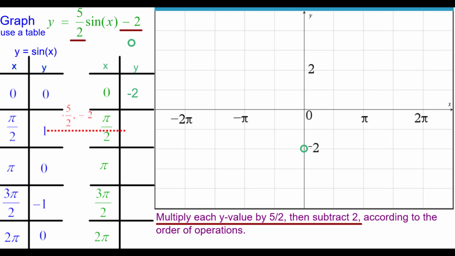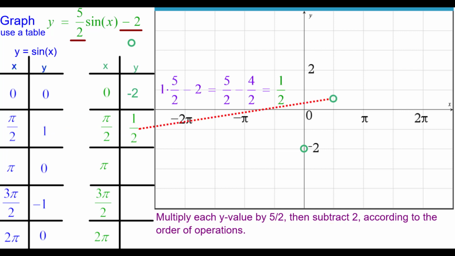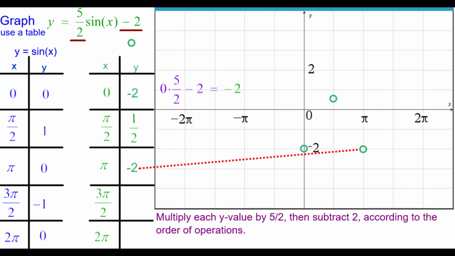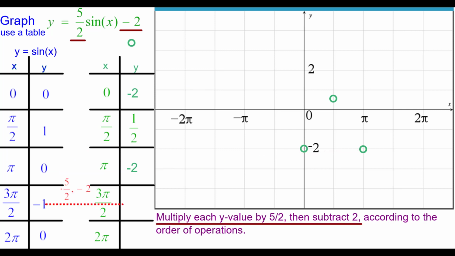1 times 5/2 is 5/2. Minus 2, think of 2 as 4/2. And so we'll get positive 1/2. So we'll plot pi/2, comma, positive 1/2. 0 times 5/2 minus 2 is -2. So pi, -2. -1 times 5/2 minus 2 is -5/2 minus 4/2, which makes -9/2, or -4.5.